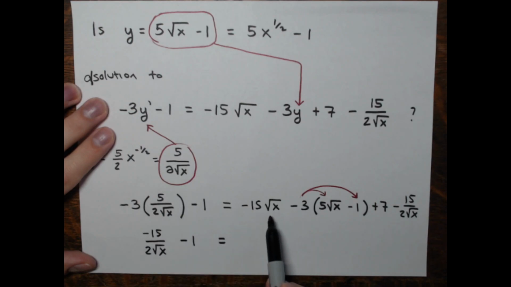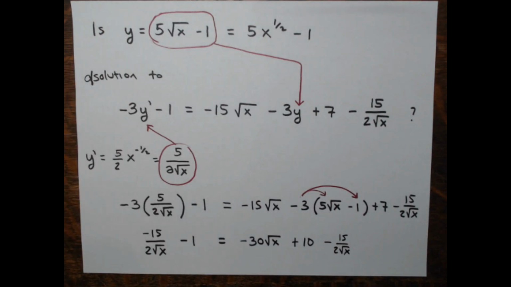Then the right side, you see, after distributing this negative 3, you'd have negative 15 root x minus another 15 root x. That'd be negative 30 square root of x. And then we have negative 3 times negative 1 is positive 3, which plus the 7 would be plus 10. And then you have the minus 15 over 2 root x.